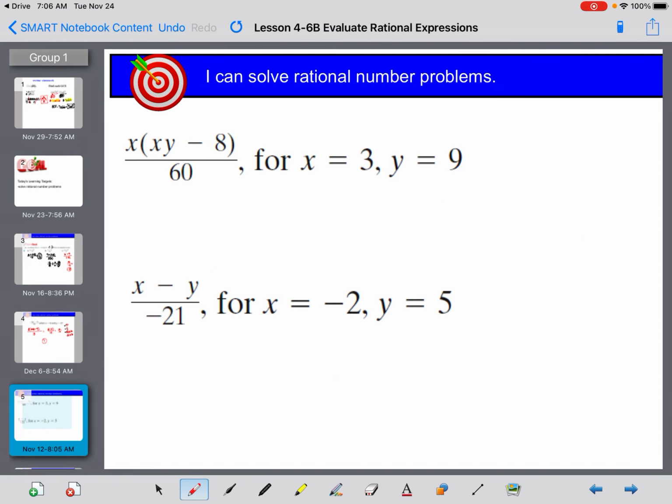In this one, I would rewrite the expression to read 3 times 9 minus 8 all over 60. Again, solving within the parentheses first. 27 minus 8 is 19. 19 times 3 is 57.